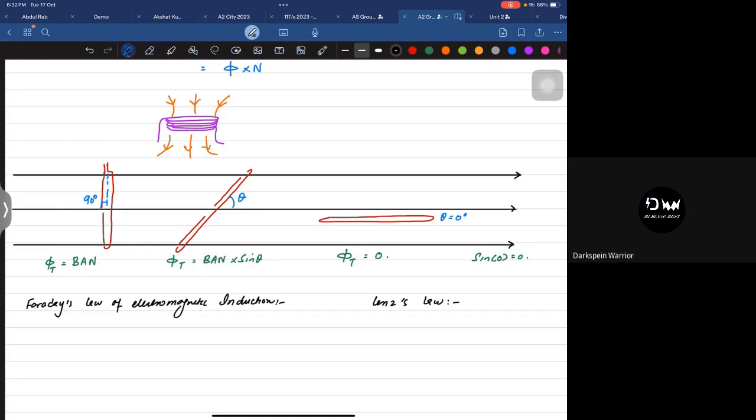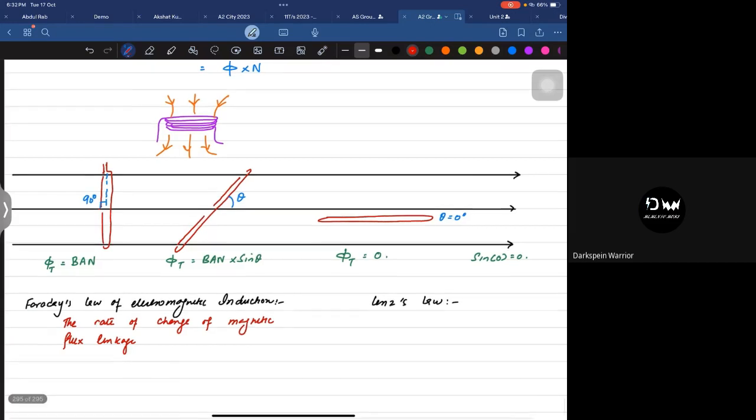So, according to Faraday's law, the rate of change of magnetic flux linkage is directly proportional to the EMF induced.